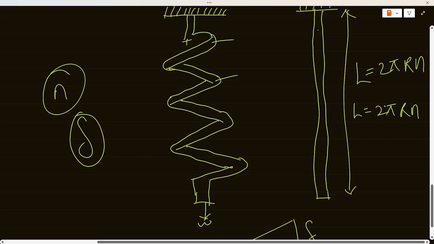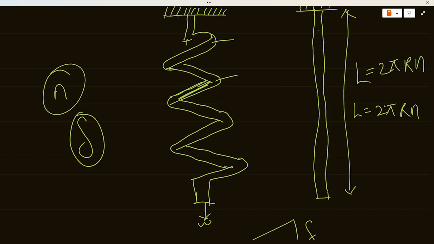There's the radius of the coil, and there's the radius of the wire. These things that make up the coils are called the wires. We denote them with small letters. If we're dealing with the radius of the wire, we denote it as small r. If we're dealing with the diameter, which is 2 times the radius, we denote it by small d. But when it comes to coils, we use capital letters. If we're dealing with the radius of the coil, we denote it by R, and if we're dealing with the diameter of the coil, we denote it by D.